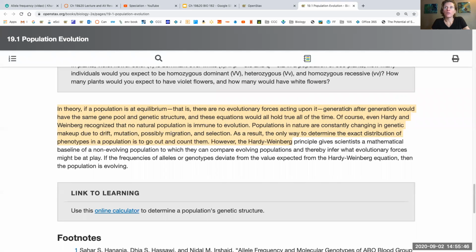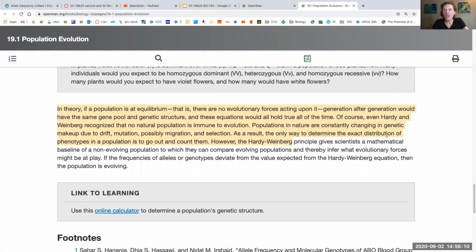So generation after generation, it has the same gene pool, genetic structure, and the equations hold true for all time. However, right, even Hardy and Weinberg recognized that no natural population is immune to evolution. So populations in nature are constantly changing in genetic makeup due to drift, mutation, migration, and selection.